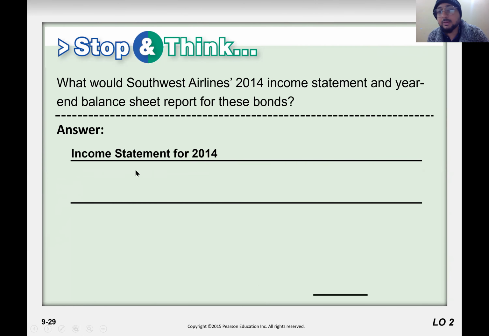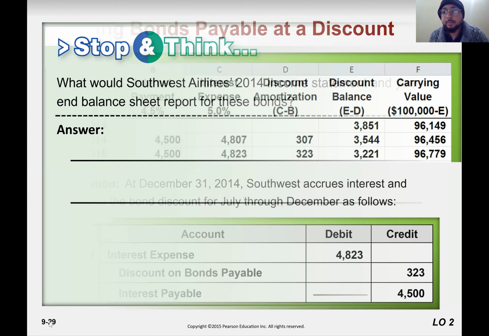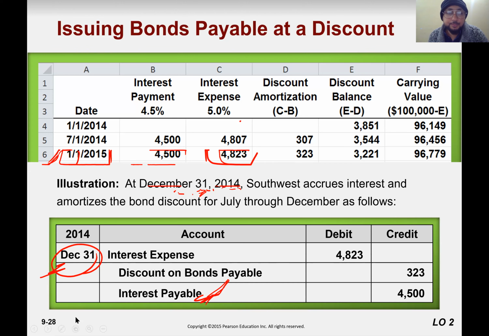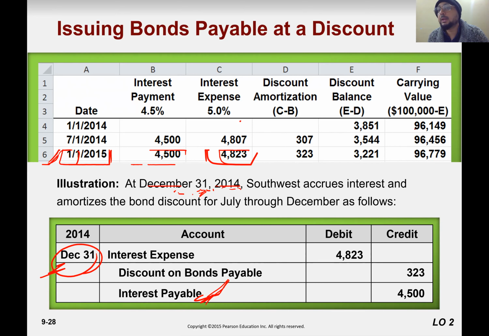And what is the year-end balance on the balance sheet? So the year-end balance sheet balance is going to be, this is the balance. 100,000 is the bond value minus this discount. How are we going to write it down?